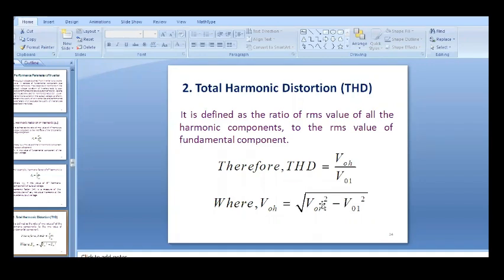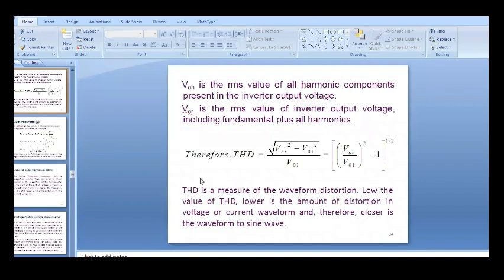So thereby you can write the THD equal to, replacing VOH, square root of VO square minus V01 square over V01, which is equal to square root of (VO over V01) square minus 1.